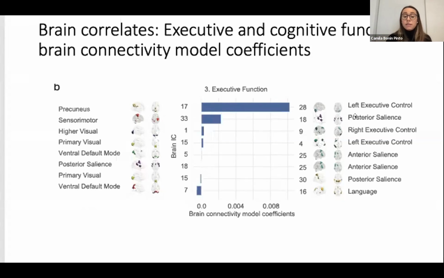And again, the networks involved in this were also involved in other papers showing that the executive control and salience networks are important and associated with working memory in healthy subjects and subjects with, for instance, schizophrenia and depression.